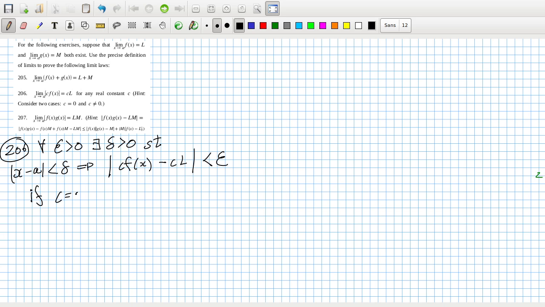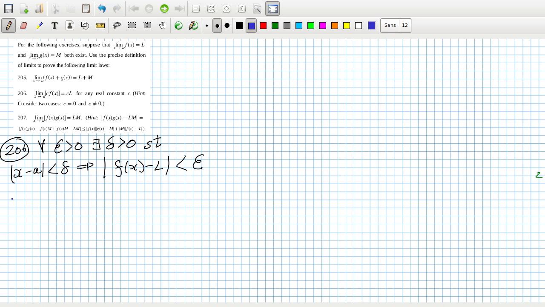If c equals 0, we are done. I think actually I'll make it a little bit clearer. So just go back to the original premise. We know this.